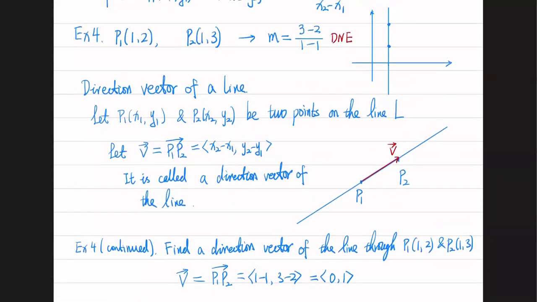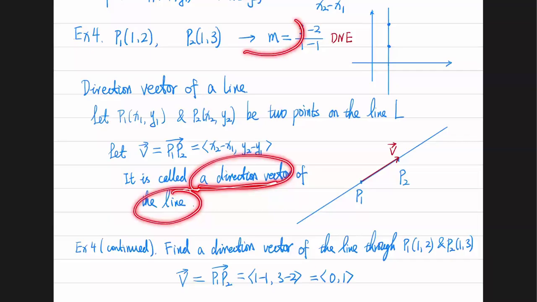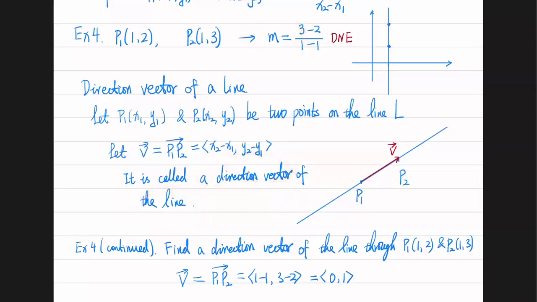So the direction of lines is more general than slopes. Sometimes the slope doesn't exist, but the direction still exists. For any line, we could determine if the line has a slope just by looking at its vector, right?